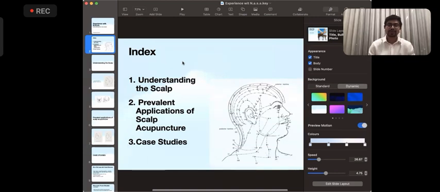Secondly, we will talk about the prevalent applications, means what techniques are present as of today, old, new, advanced, whatever. We will describe those. And lastly, I will present two cases which have been treated successfully and are also currently under treatment with this new method.